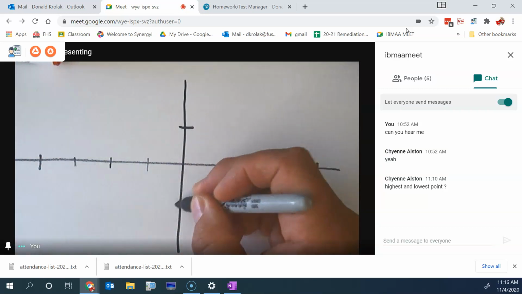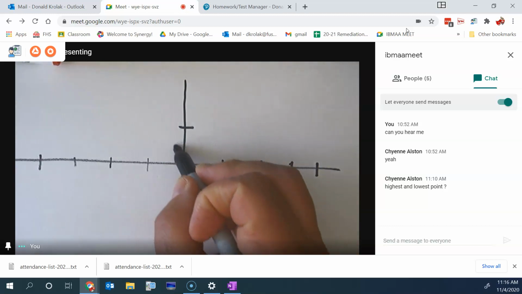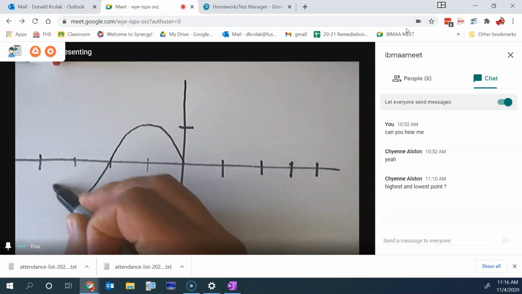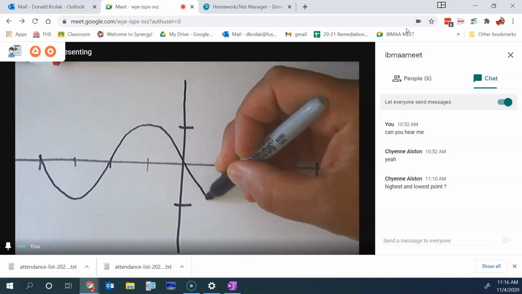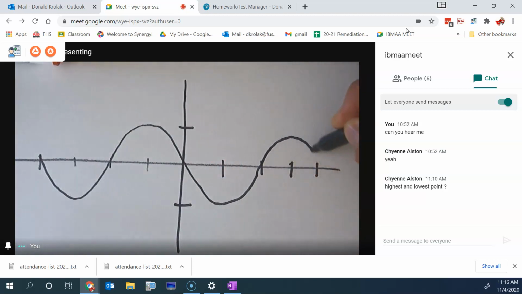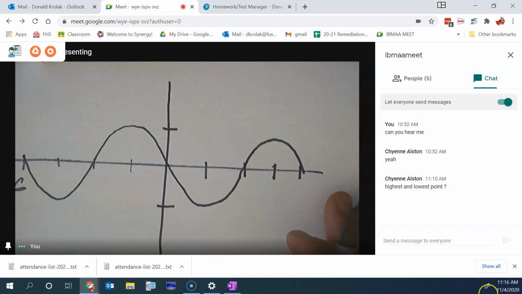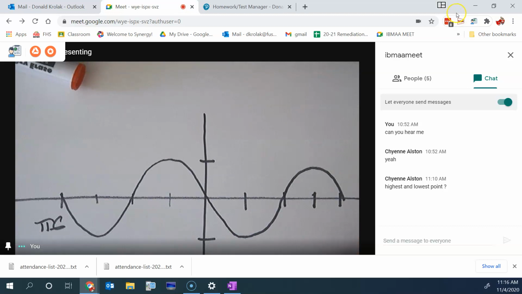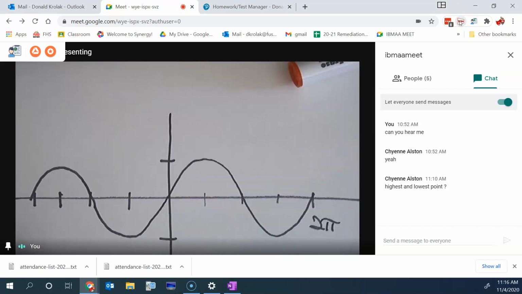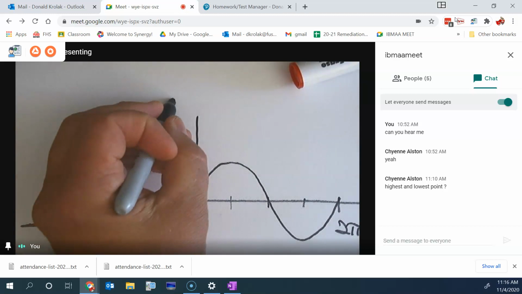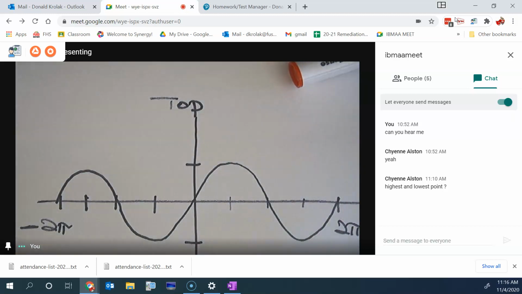Sine does this. This is 2 pi. Hey guys at home, is that backwards? Pi. All right, now this is the top of the paper. Okay, and here's my sine curve.